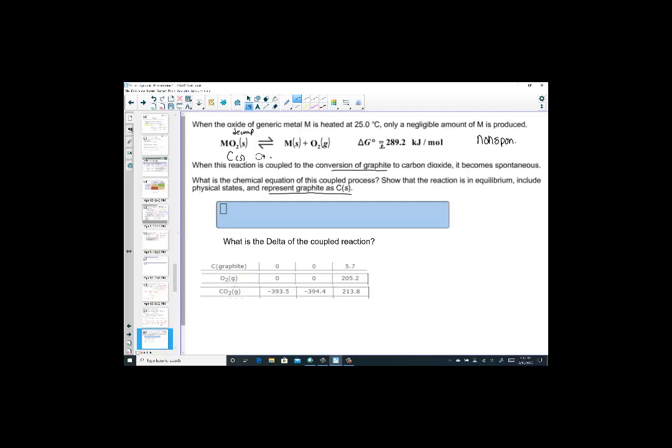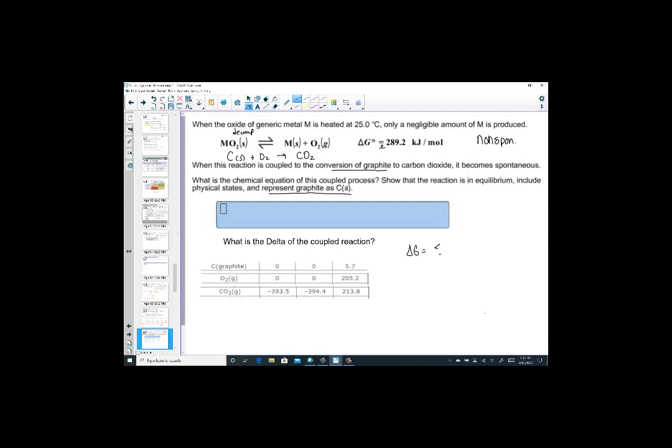Well, I'll tell you what, the other ingredient here has to be molecular oxygen, because to make carbon dioxide, you need oxygen. So the conversion of graphite to carbon dioxide, what does that look like for a delta G process?